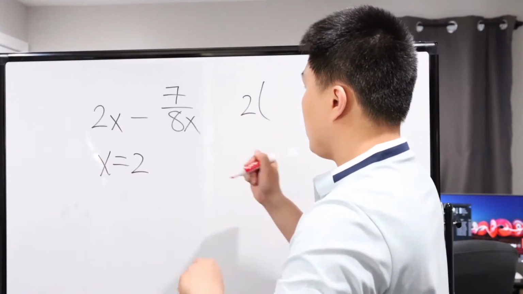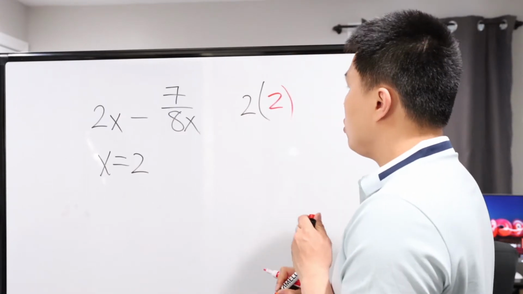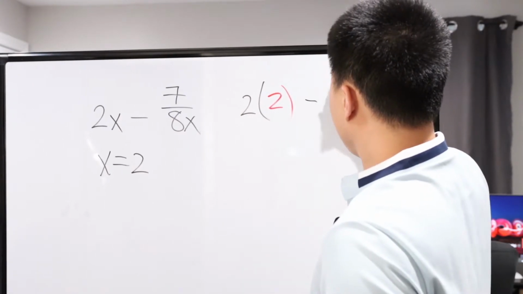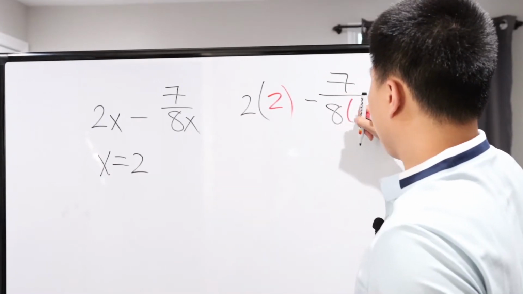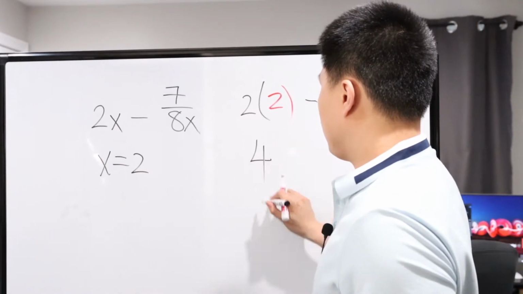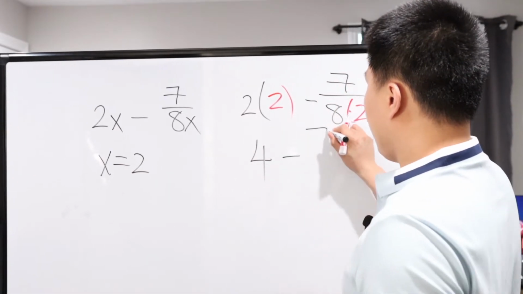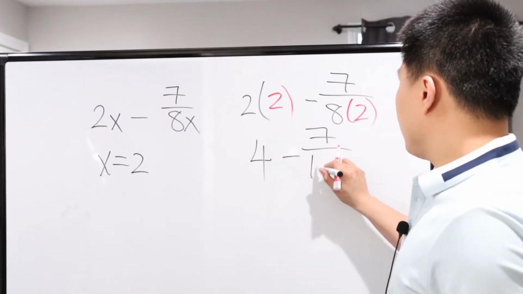So we're going to substitute all the x to equal 2. So in this case, it's going to be 2 times 2. It's going to be minus 7 over 8. And instead of x, now it's going to be multiplying by 2 as well. Here we have 4. 2 times 2 is 4. Subtract 7 over, and then this one is 8 times 2, which is 16.